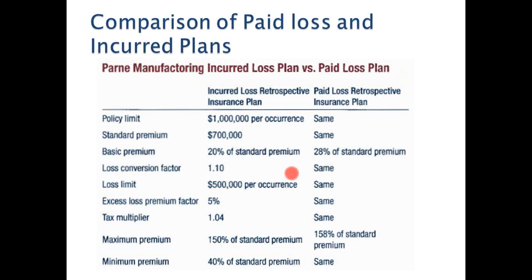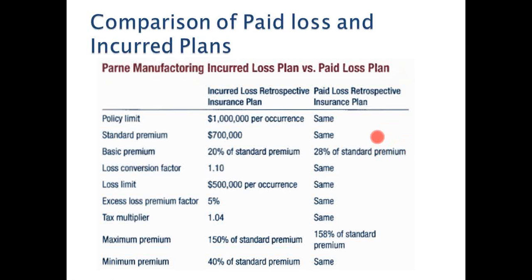The loss conversion factor, as you can see, all these other things are pretty much the same. Now the maximum premium, I'm going to pay a little bit more on the standard, right here. I'm paying another 8% just like I did here. So for the most part, the cost of them is probably the same, but the basic premium for doing a paid loss retrospective is going to cost me more.